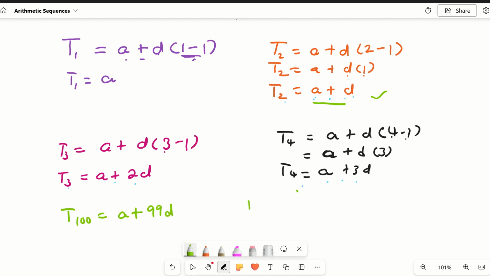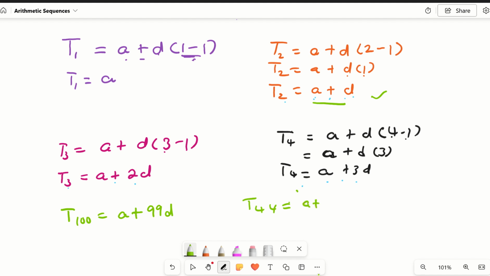What about T 30? Let's put it this way, T 44. A plus.